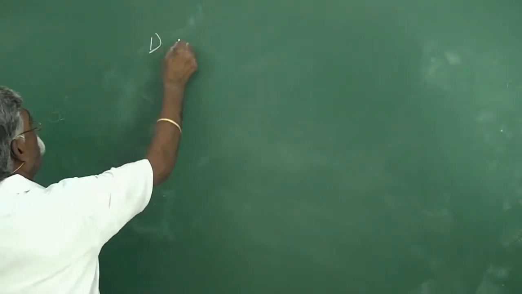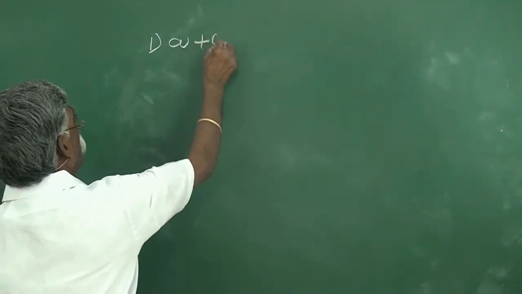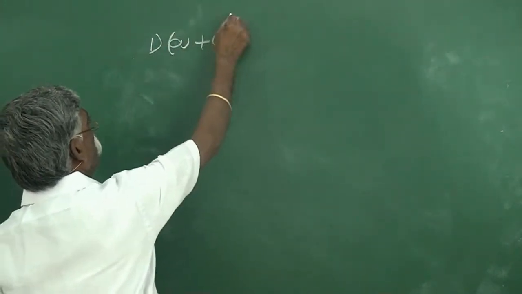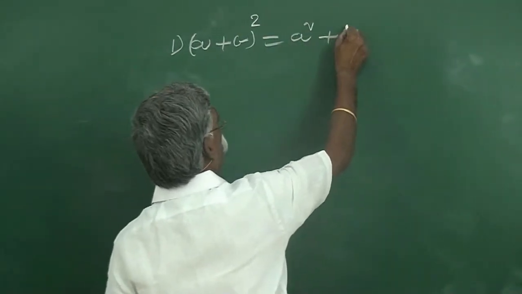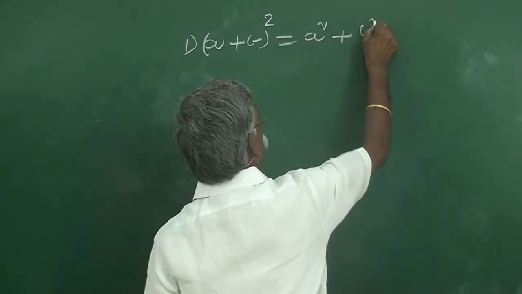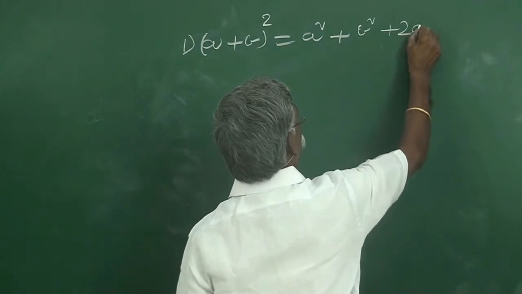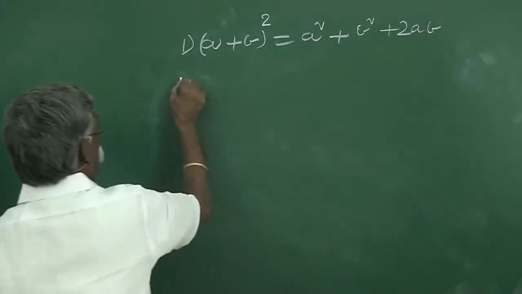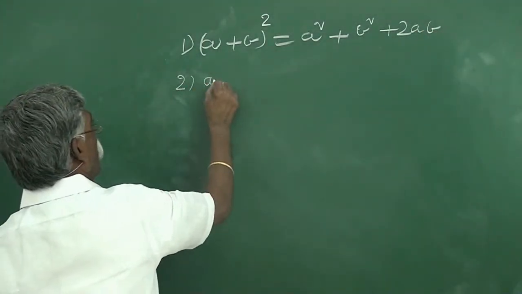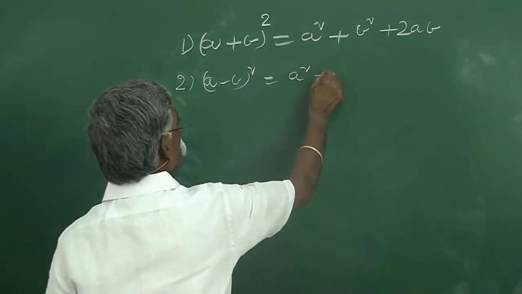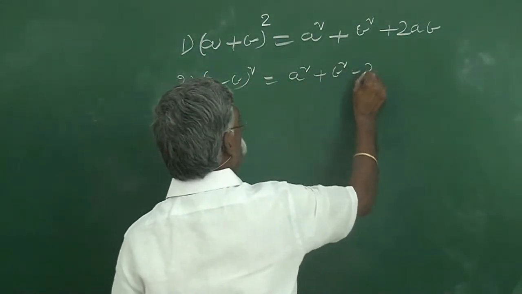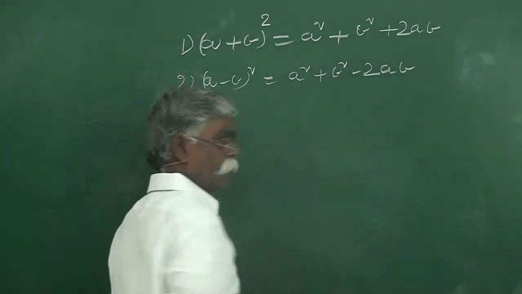Number one, we are aware of this formula. A plus b whole square is equal to a square plus b square plus 2ab. Number two, a minus b whole square is equal to a square plus b square minus 2ab.